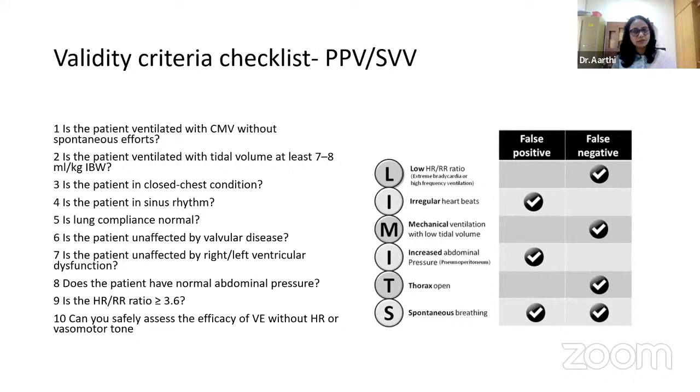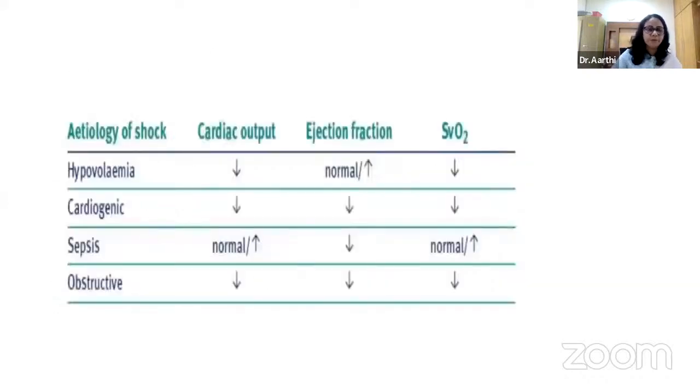In laparoscopic surgeries, for example, the increased intrathoracic pressure might give false positive values when assessing the pulse pressure variation. And when there are open chest injuries or the patient is spontaneously breathing, the pulse pressure variation and stroke volume variation might not predict the cardiac output.